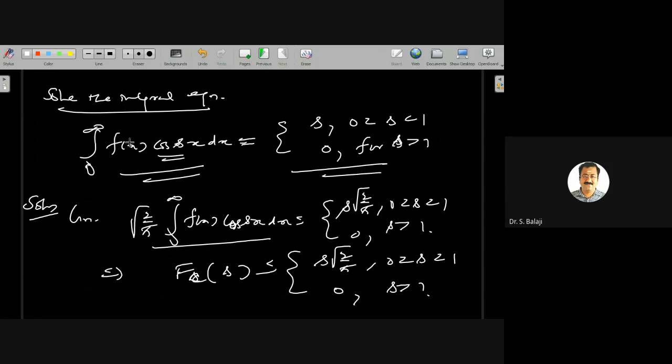What is this? This is Fc of s, the Fourier cosine transform. Solve this integral equation means you have to identify the unknown.